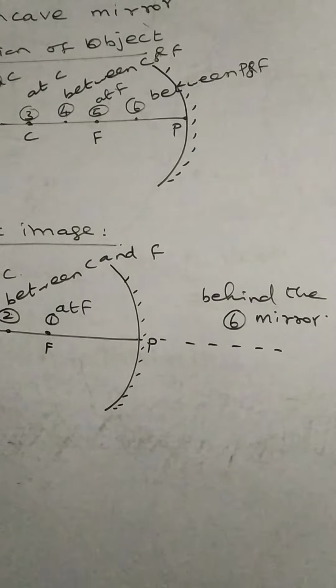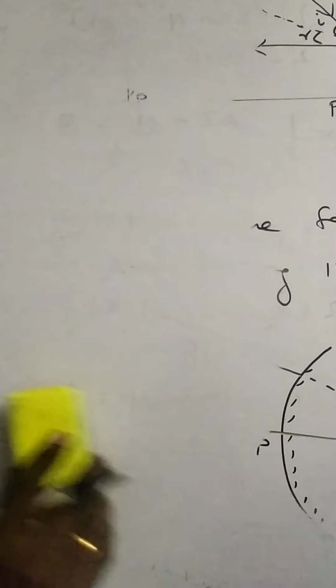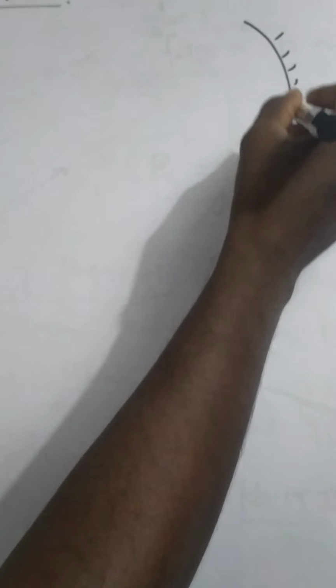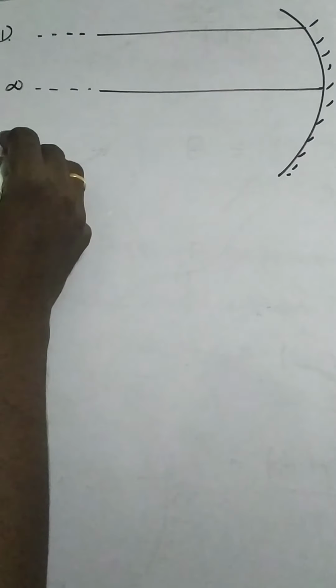Next, this is a rough diagram. Then we apply the different positions of the object. First, object is located at infinity. Two rays pass parallel to the principal axis.